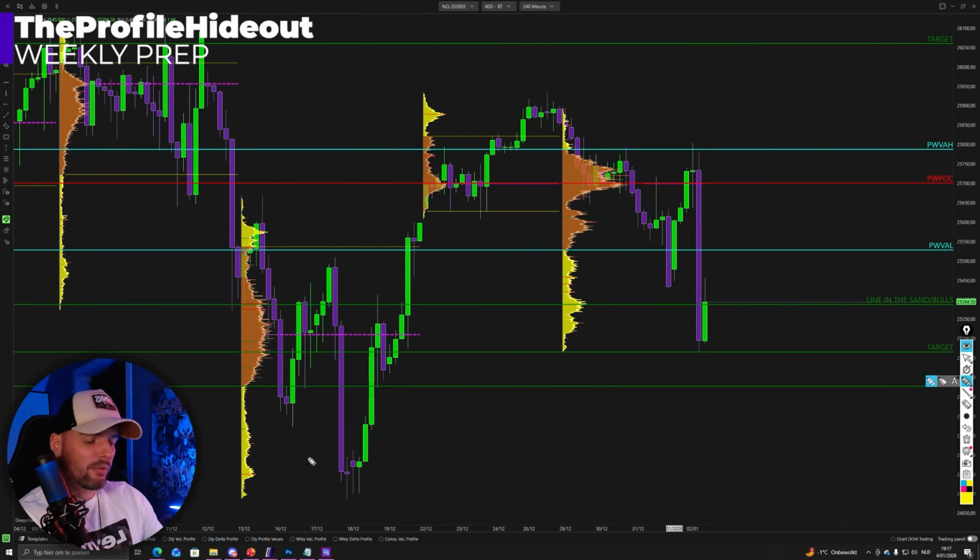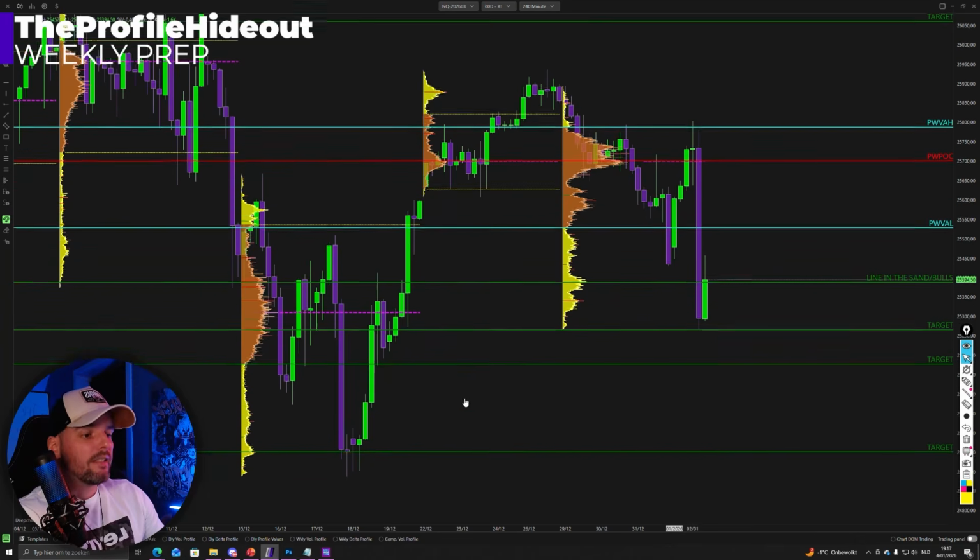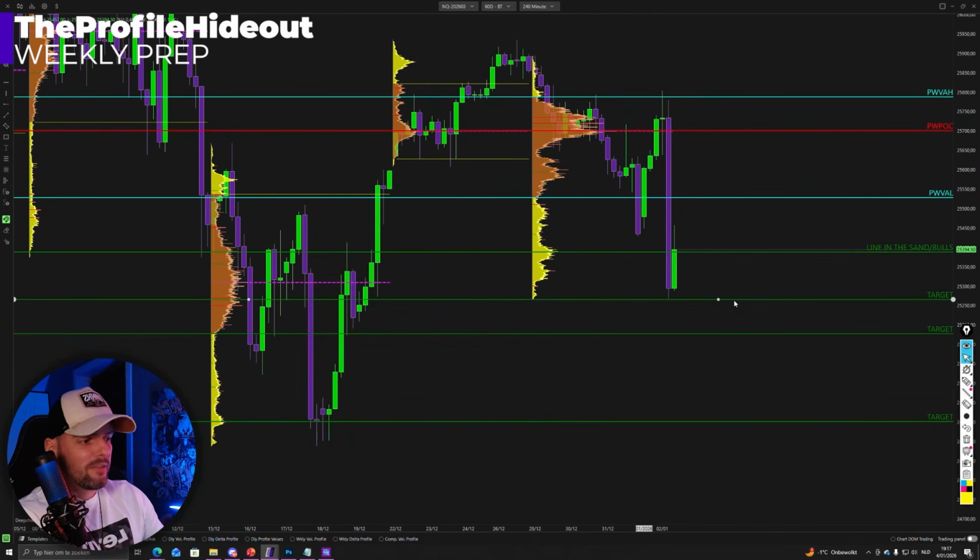I could be doing two. The same one here where the high volume node in excess out of value, this level here. And then if we lose that level, then it's going to be the low of that session.